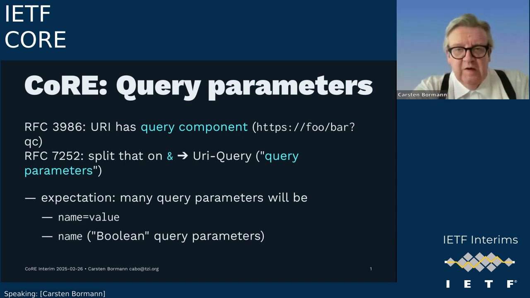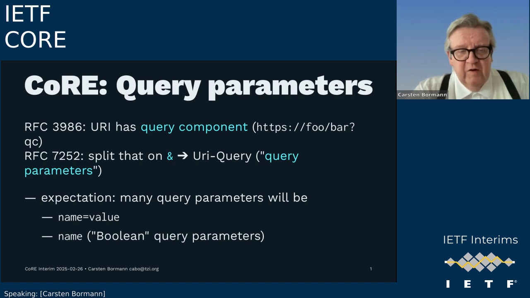Okay, so first of all, we all know that URIs have a query component, or at least an optional query component, which is started with a question mark. And RFC 7252, the CoAP document, supports these query components by splitting them on ampersand characters and putting the results of that split into 0 or more URI query parameters. So this is all fine.